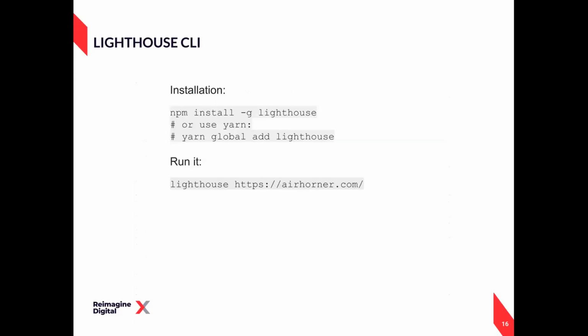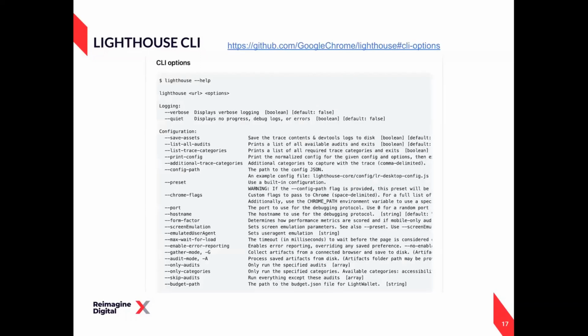easy to use. So first you install it using npm or yarn, and then you only need to run it using Lighthouse, then specifying a URL. And if you look at the official documentation, there are dozens of other options that you can specify.